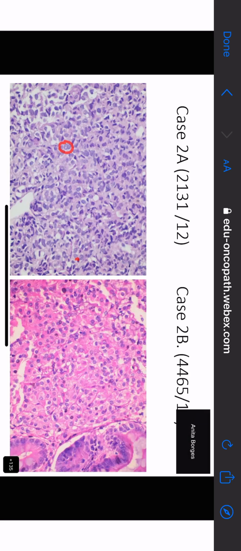I know that these have got more or less uniform looking cells. Yes, they're all round. The cytoplasm is extremely granular and very pink. At the same time, you do not see any nucleoli at all. And yes, the cells are denser than what you see on the right hand side.